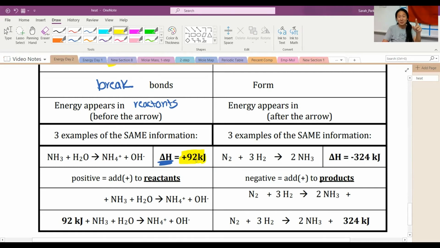Every time you see that positive, you know you're gaining, absorbing energy. Now, you need this energy in order to start the reaction. So the energy has to be one of the ingredients, one of the reactants, in order for this to work.